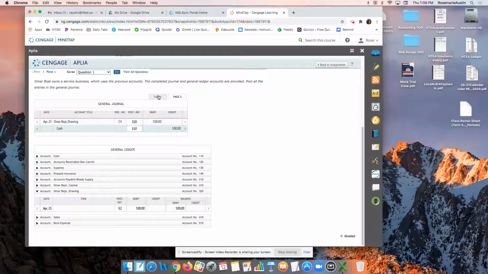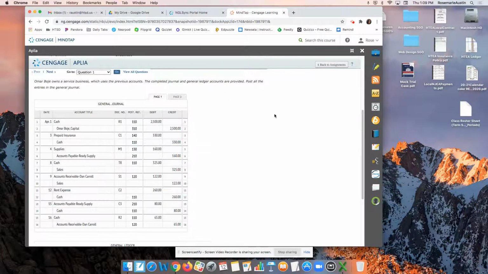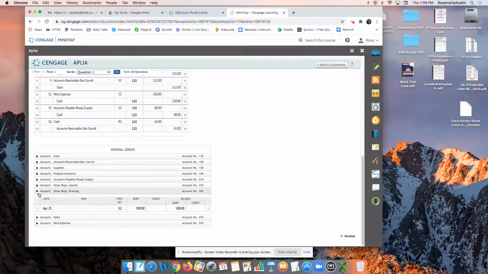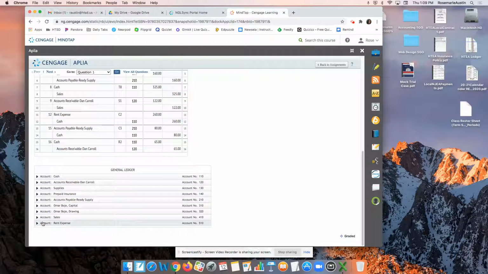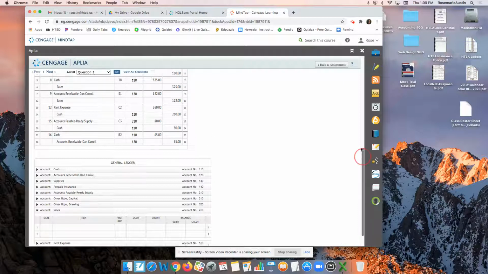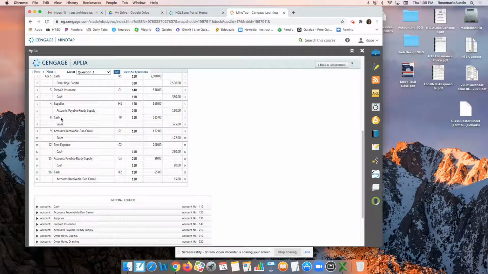All right. And we move back to page 1 because actually page 2 is finished. The rest of the accounts are on that page. Okay. So I'm going to close that drawing account, open up the sales account, and we're looking for 2 transactions. We have 2 lines here. So we have one on April 8th and one on April 9th.